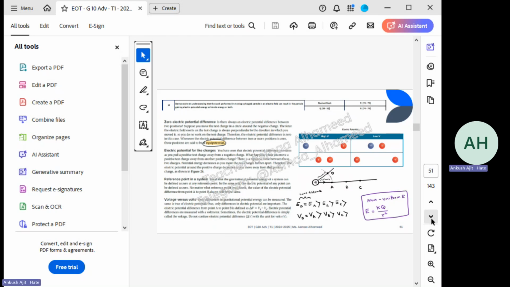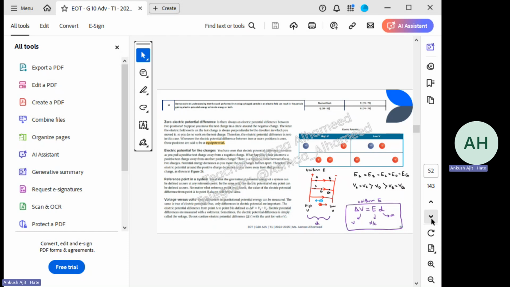Another formula which is coming: E equals kQ upon R square. K is a constant, Q is a charge, R is a distance. V equals to ED. This is another formula. This you should remember. V is for the volt, E is for the electric field, and D is for the distance.